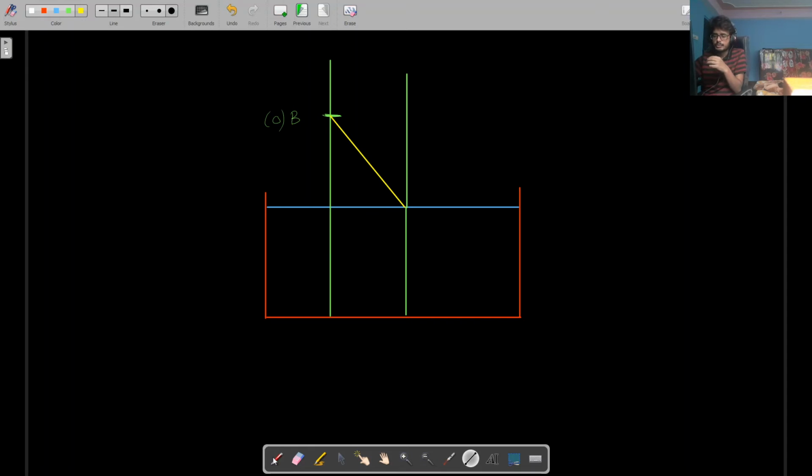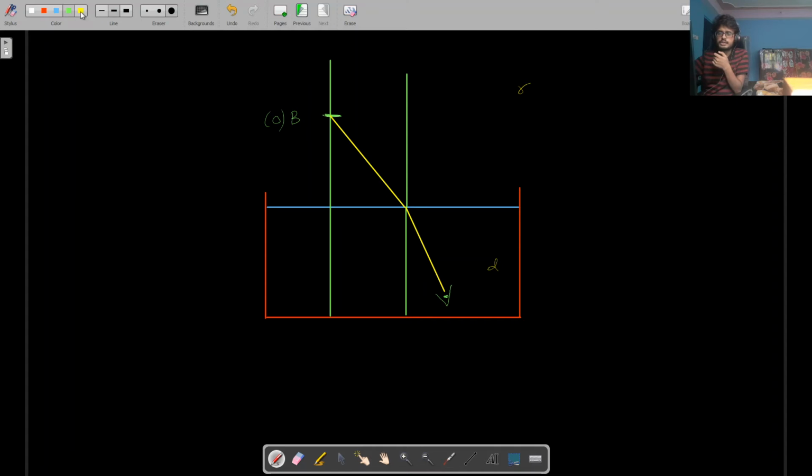Since this is a rarer medium, and this is a denser medium, the light ray will bend towards the normal. So since the light ray will bend towards the normal, I can make the light ray something like this, right? So it's bending towards the normal. So let us say that the fish is somewhere here. And fish is looking straight into this point.